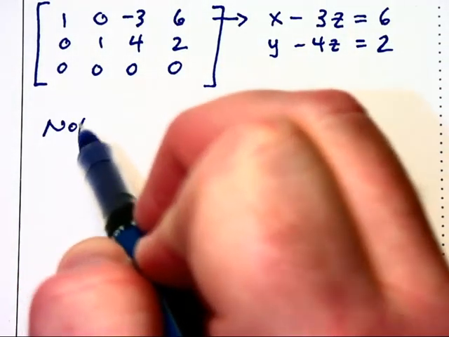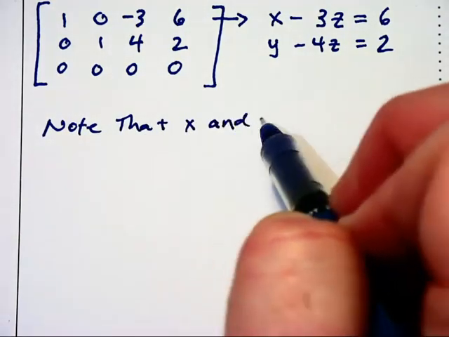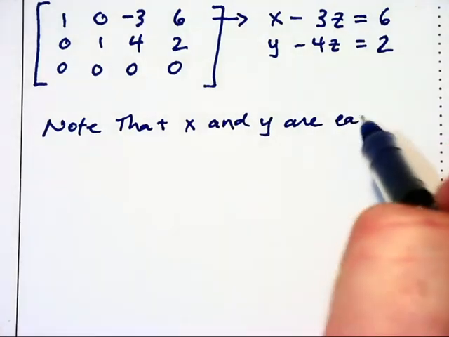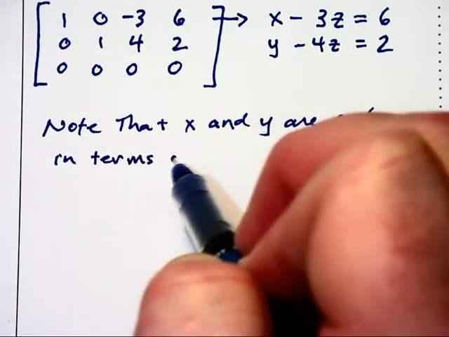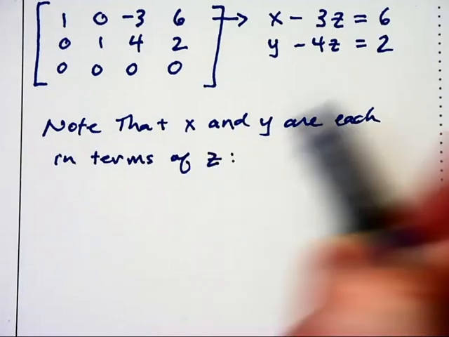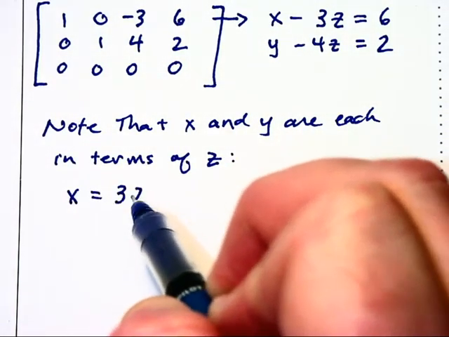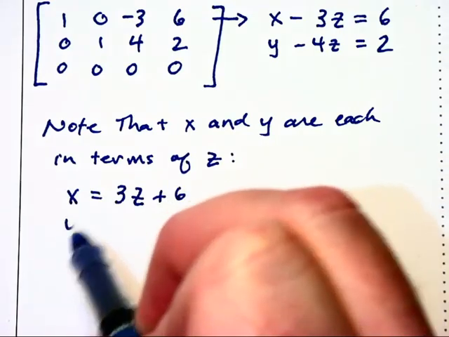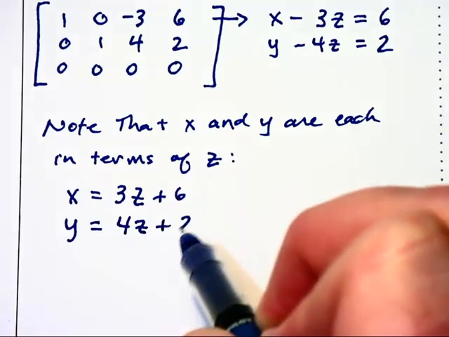So I want to note something here: that x and y are each in terms of z. In other words, I can rewrite x as 3z plus 6 and y as 4z plus 2.